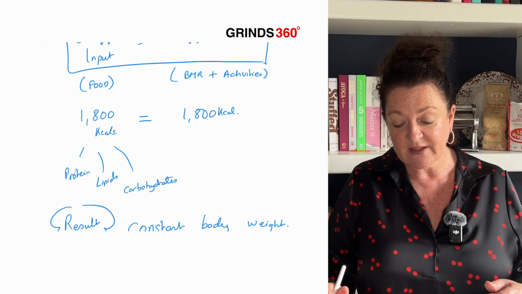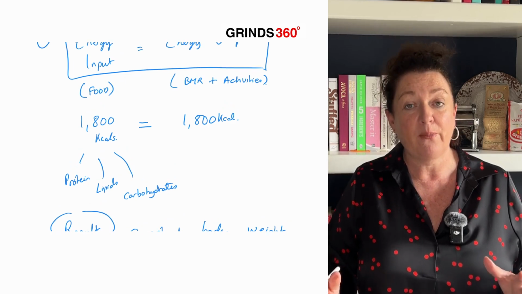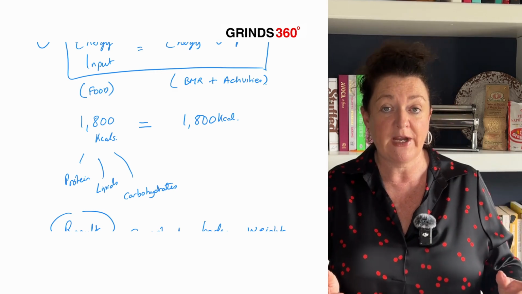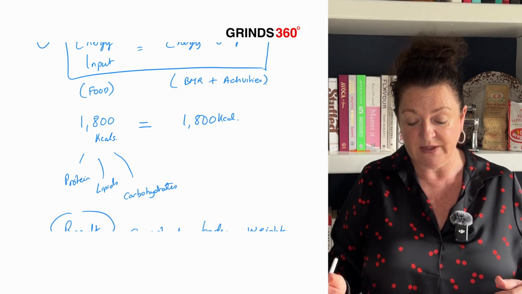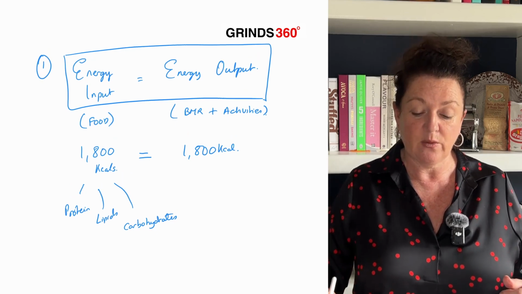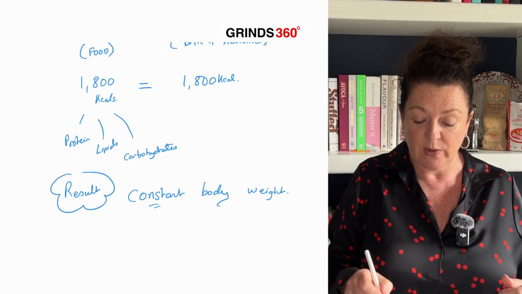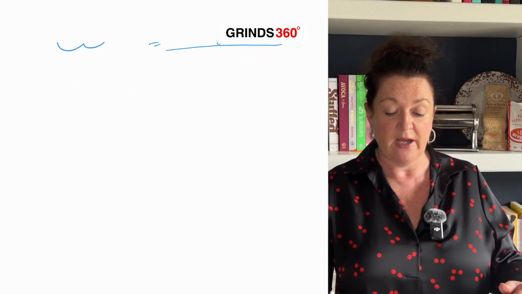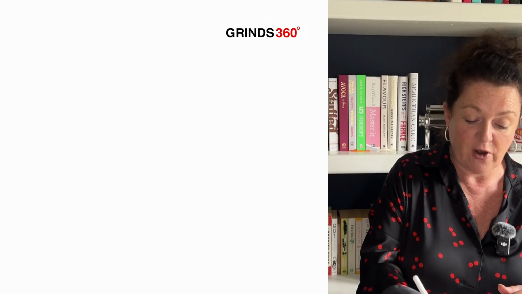So this is significant if our present weight is within the correct range that is healthy for our body size. So that's our first point: energy input equals energy output, and we maintain a constant body weight, which ideally is what we want if our body is within a healthy weight range.